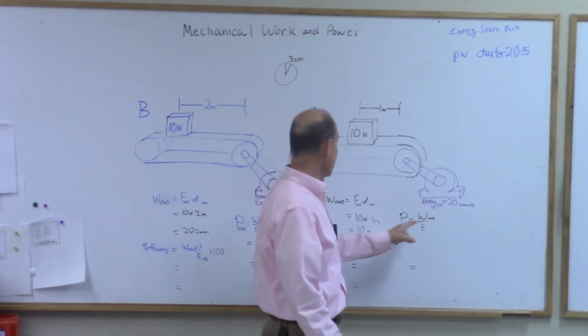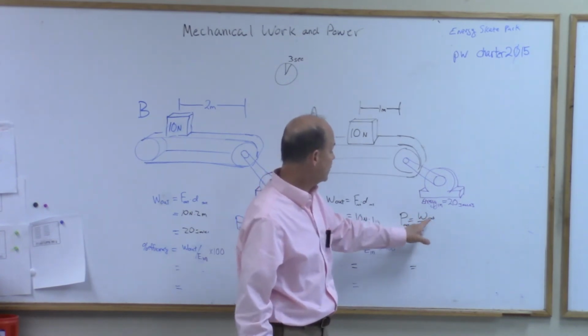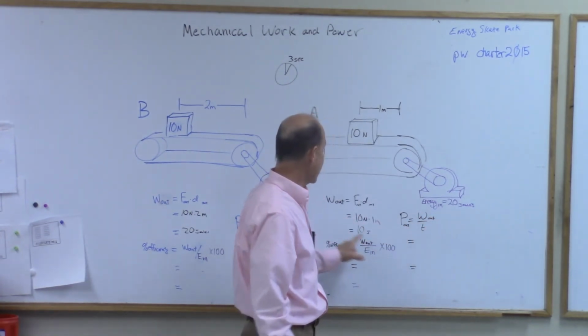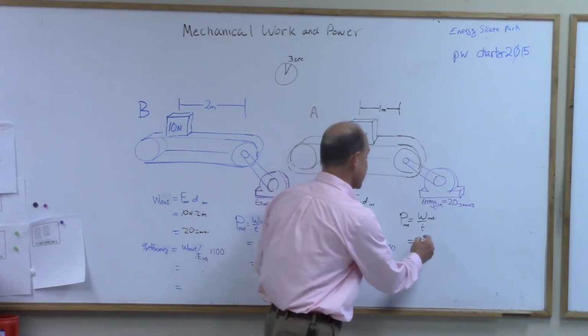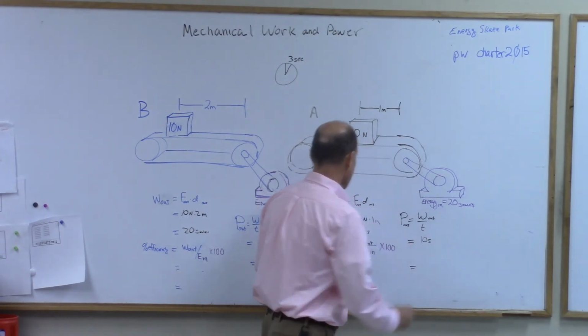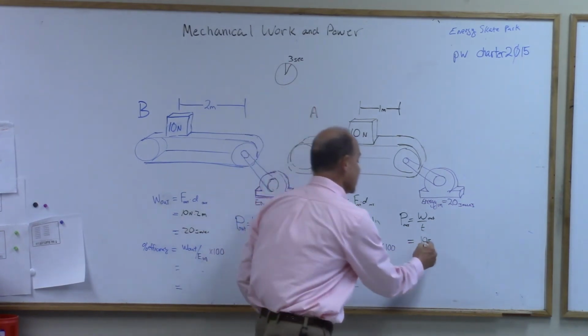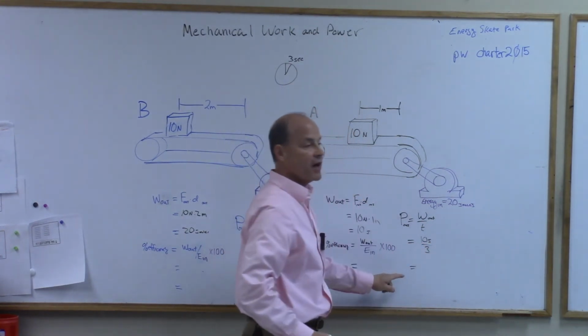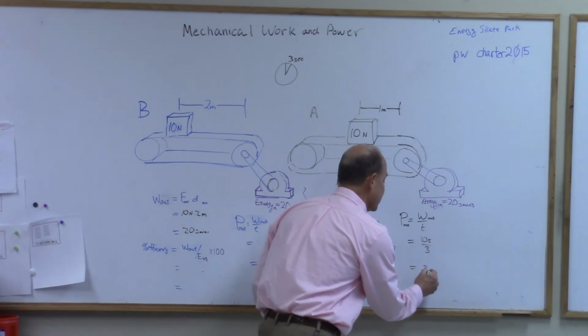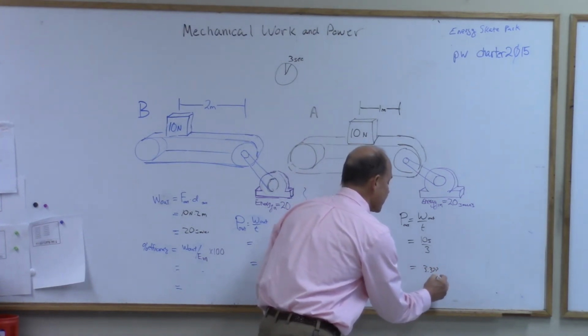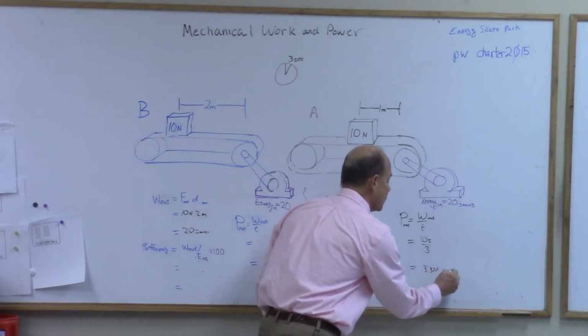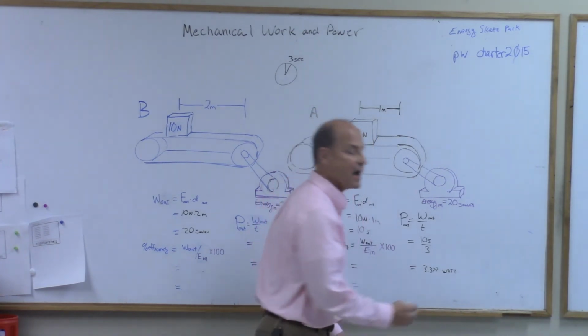So that's where we're going to calculate the power. To calculate the power, you need to divide the amount of work by the amount of time. So we're going to take 10 joules divided by the amount of time up there on the clock, that's 3 seconds. So 10 divided by 3 is 3.333. Power is measured in watts.